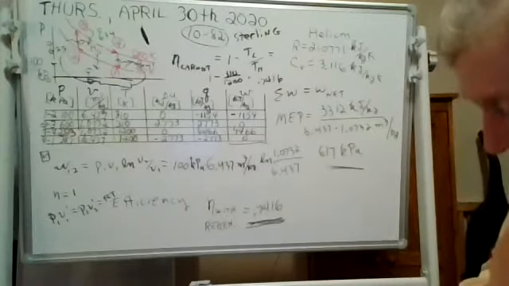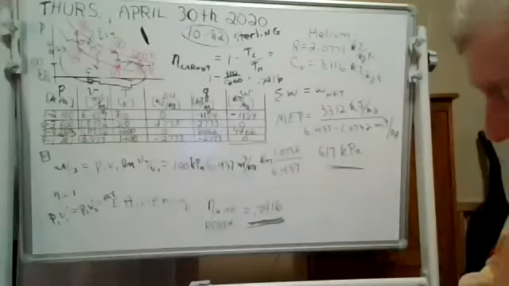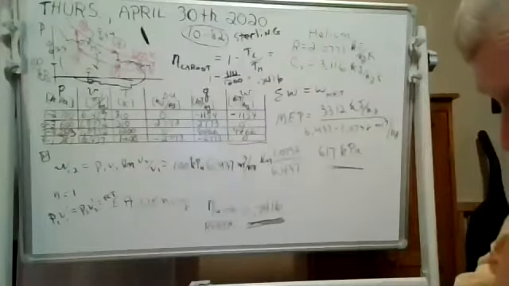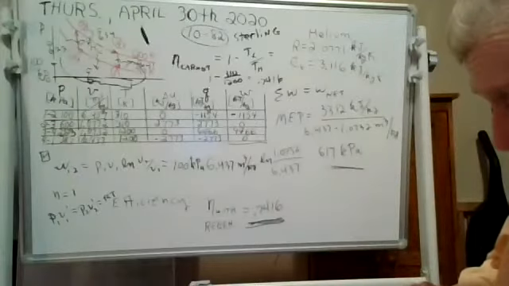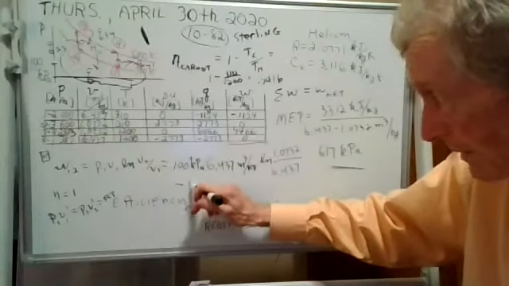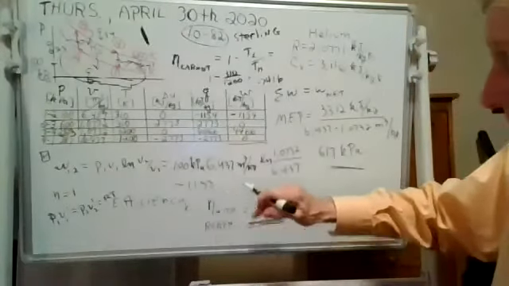1.0732 divided by 6.437, natural log, times 100, times 6.437, equals. I'm getting negative 1153. Well, I don't know.